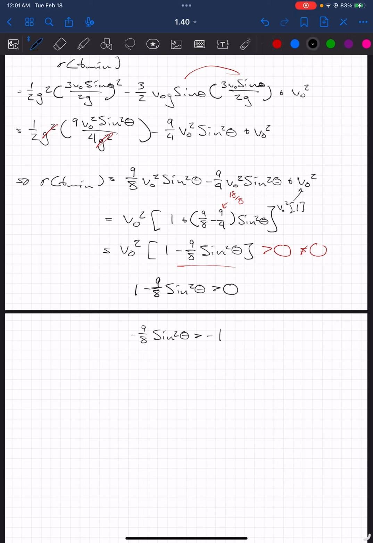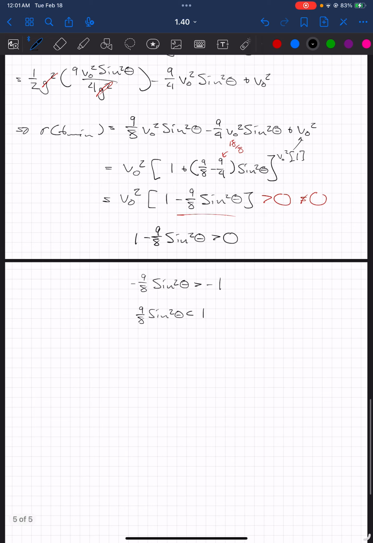So we end up with 9 over 8 times sine squared theta is less than positive 1. We multiply both sides by 8, and then we divide both sides by 9 to get sine squared theta by itself. This doesn't change the symbol anywhere.